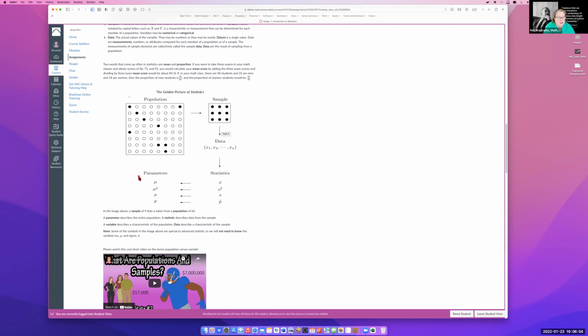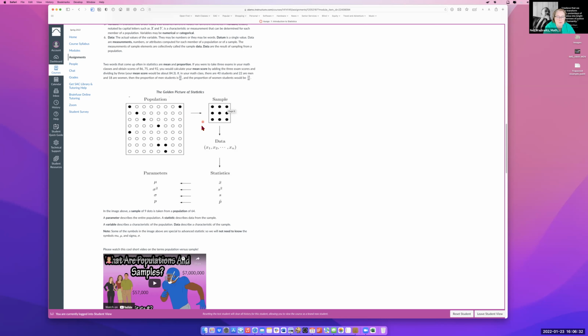A parameter is a value that you care about from the population. Like say you're going to study GPAs, and the goal is to get an idea of the GPA of an average student at SAC. That overall answer is a parameter. But what you have to do is take a sample of those people, because you can't really get all of that information from everyone.